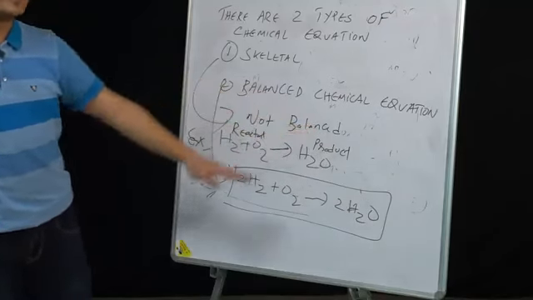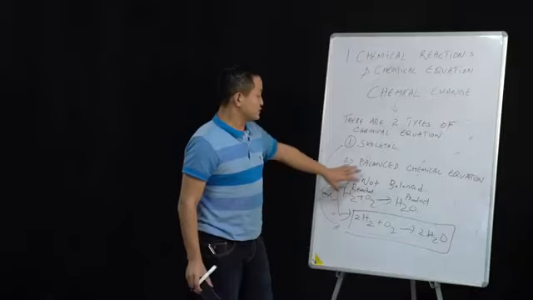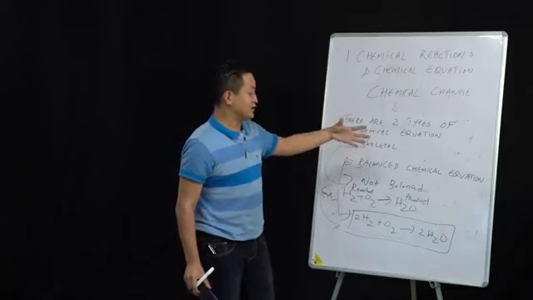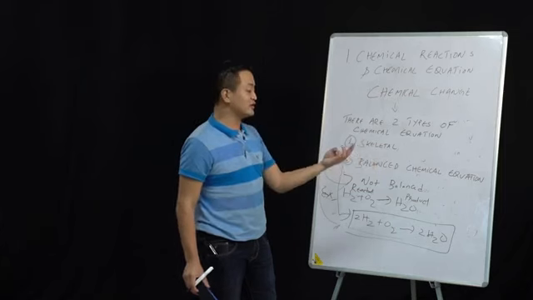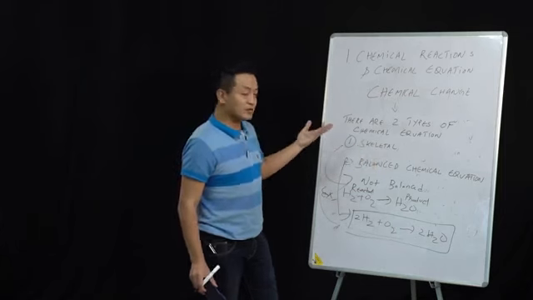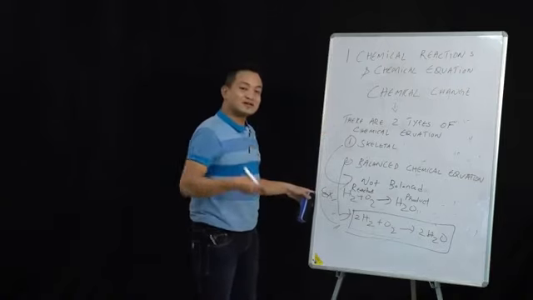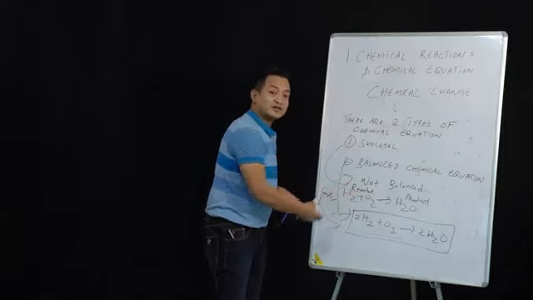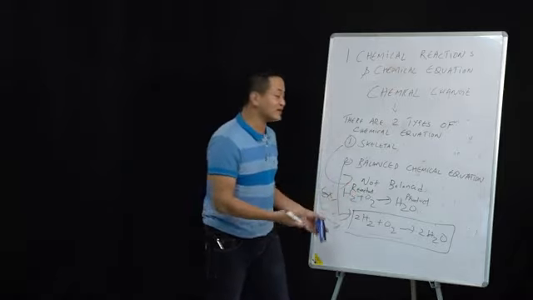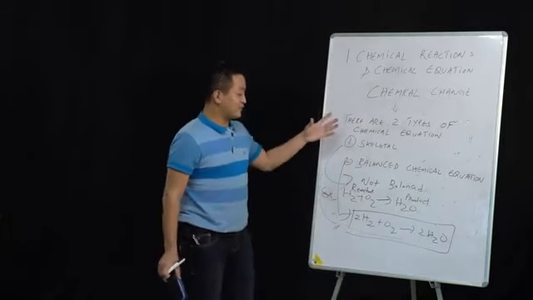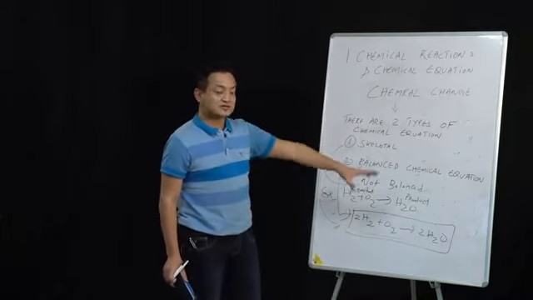Right-hand side, product. Keep this in mind. To give you a very practical example, in order to make tea, you need water, sugar, tea leaf, and more. All the water, sugar, tea leaf fall under the category of reactant. And what is the result? At the end, you get tea. So that is the product. Clear? I'm sure you have a basic idea of what is reactant and what is product.